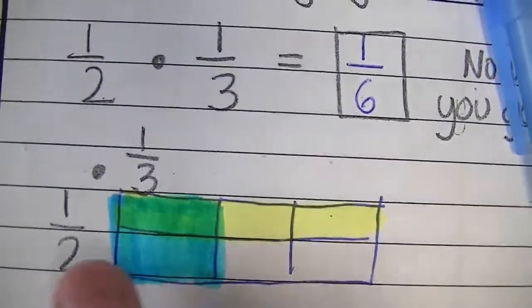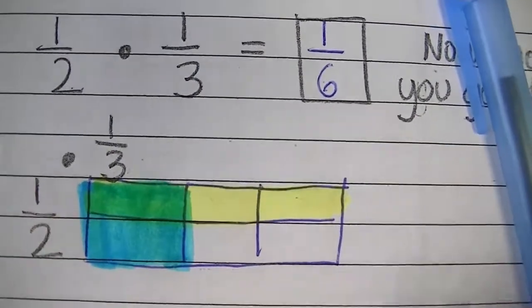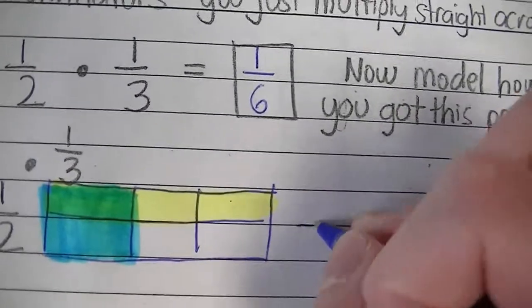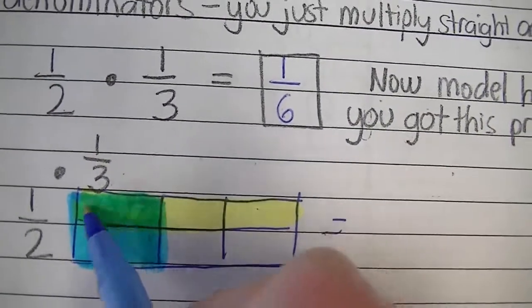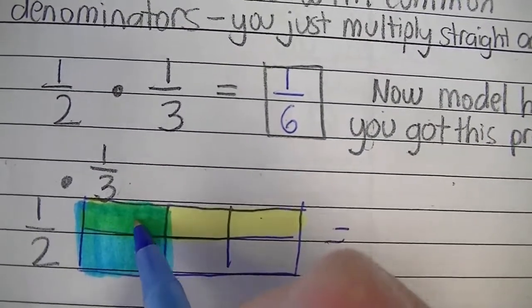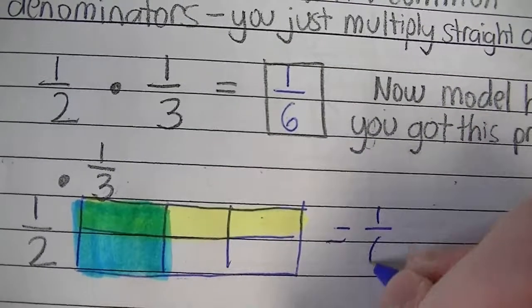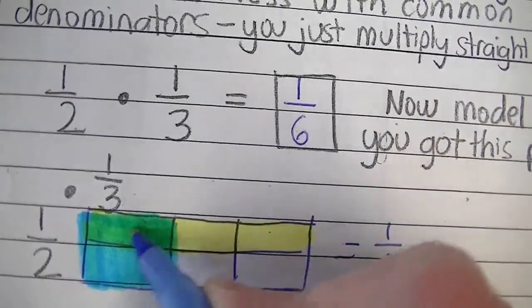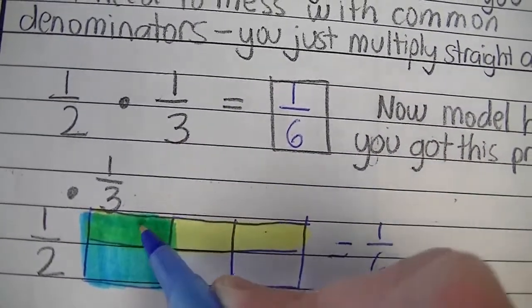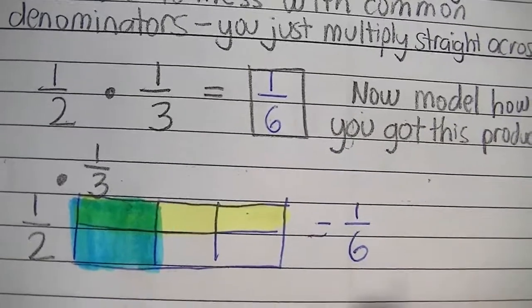So right there, that's one column is 1/3. The yellow is 1/2 of that. And see where we get green right now? 1/2 times 1/3 is 1/6. Because there's only 1 out of the 6 boxes now that is shaded in green to represent that multiplication problem.